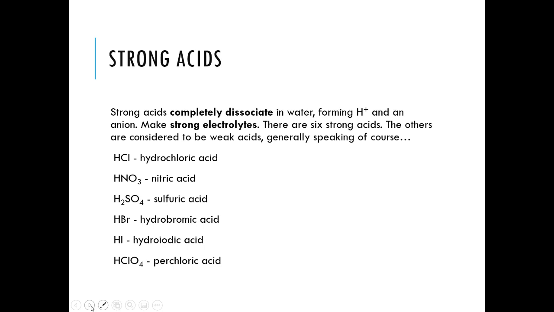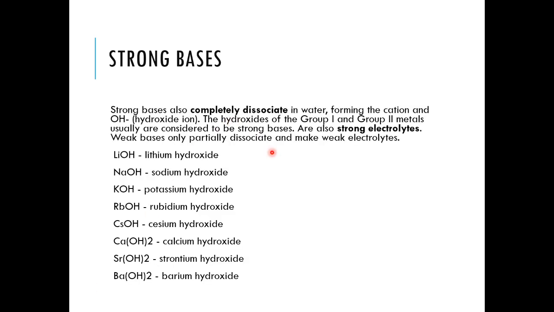At the same time we have strong acids, we also have strong bases, and it's for the same reason. They completely dissociate in water, meaning they produce more ions in water than weak bases. They more completely break apart. Again, that makes them strong electrolytes or good conductors. This is your list. Generally, group 1 and 2 metals are considered strong bases. Lithium hydroxide, sodium hydroxide.